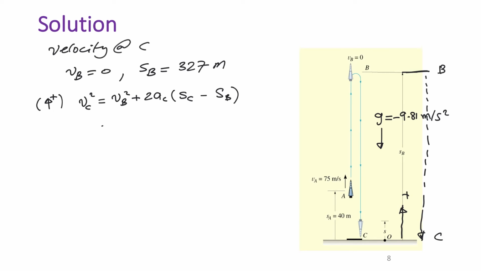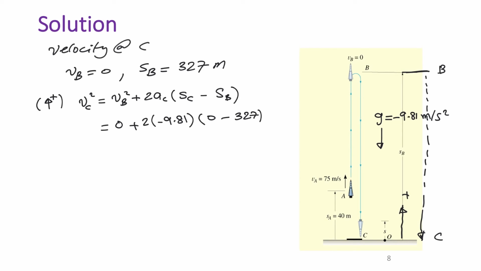If we substitute, we know that VB equals 0, plus 2 multiplied by minus 9.81 multiplied by SC, which is going to be 0, while SB is going to be 327.